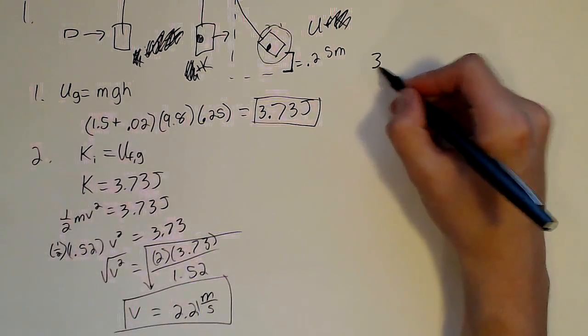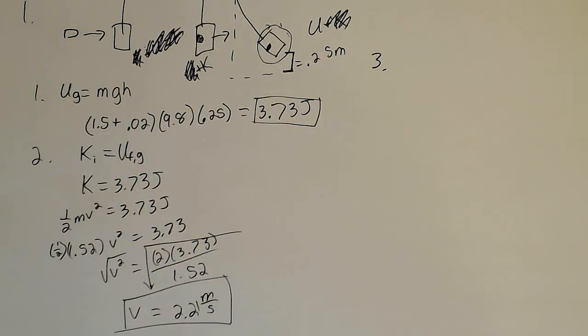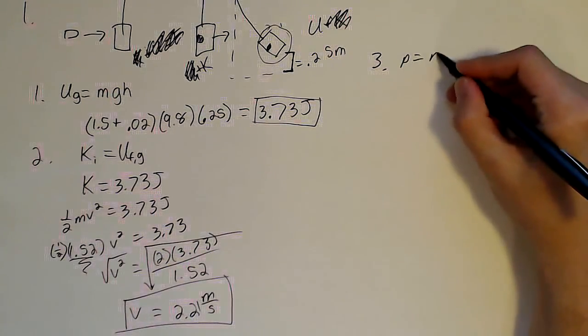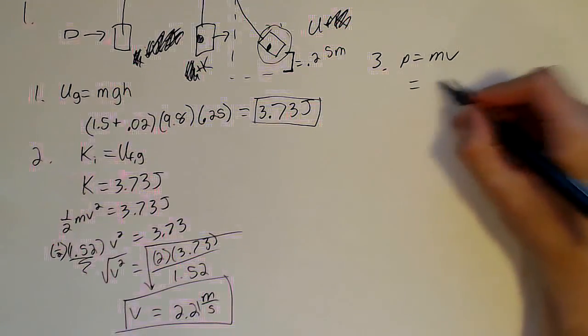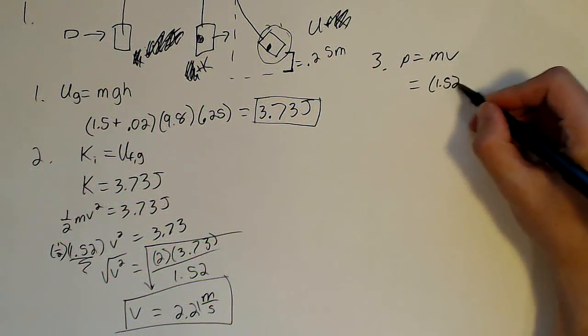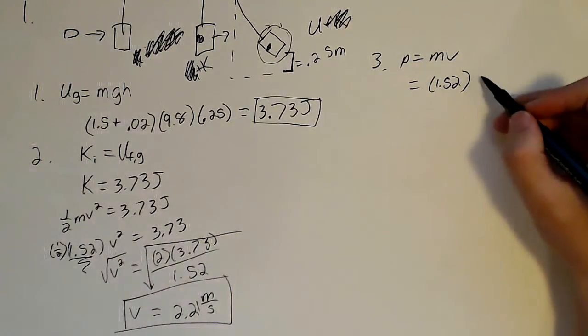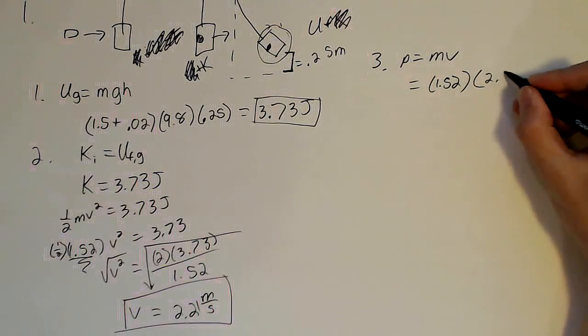Now on to part 3 of this question. It says, what is the momentum of the bullet block combination just after the impact? Aha! So we just calculated the velocity of the bullet block combination just after the impact. We know the mass of the bullet block combination, so we can use that to calculate the momentum, because momentum is just mv. So this is going to be equal to 1.52, which is the mass of the bullet plus the block, times its velocity, which is 2.21.